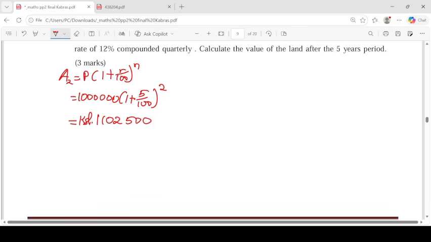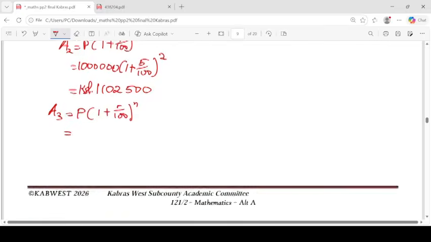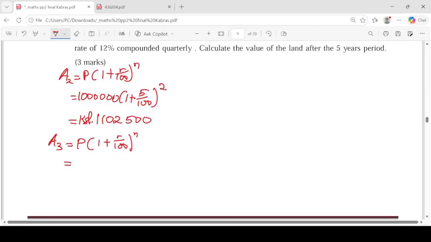Now after the next 3 years, the amount will still be given by the formula P into 1 plus R over 100 to the power of n. So the new value of the land is now 1,102,500 into 1 plus, now the rate in the next 3 years is 12.